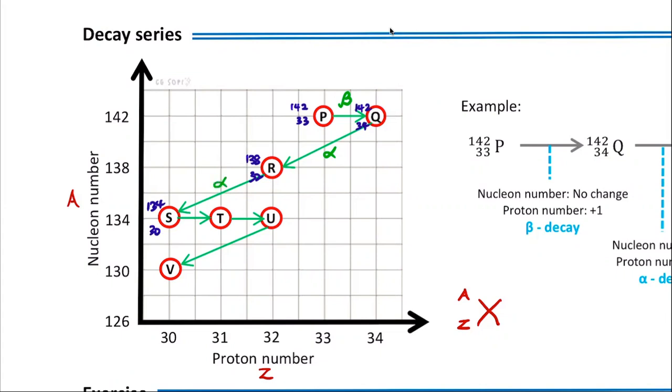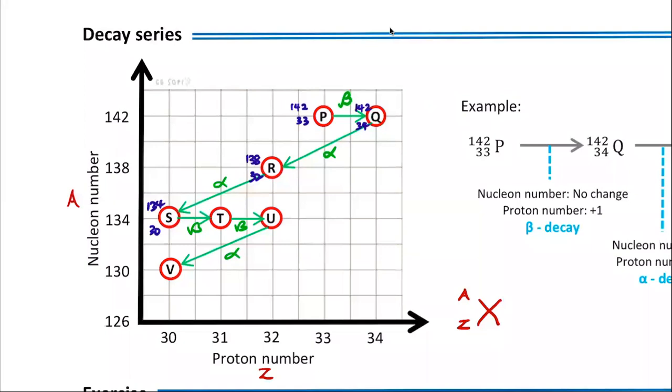S to T? Beta. T to U also beta. U to V is alpha. Alpha, right? Now, how many alpha particles and how many beta decays?